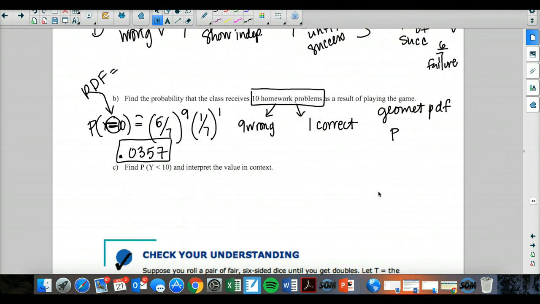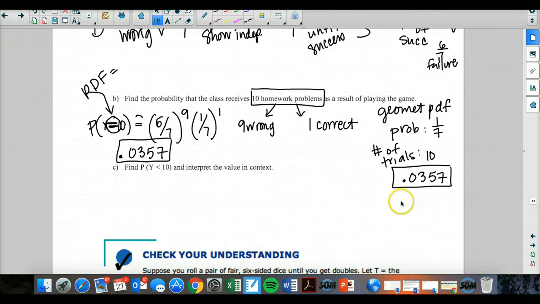So all I need is my probability and my number of trials. Okay, so my probability of success is 1/7, and it took them 10 trials. So 1/7, 10 trials, paste, and the calculator gives me 0.0357. So exactly what we got by hand, the calculator's doing for us.